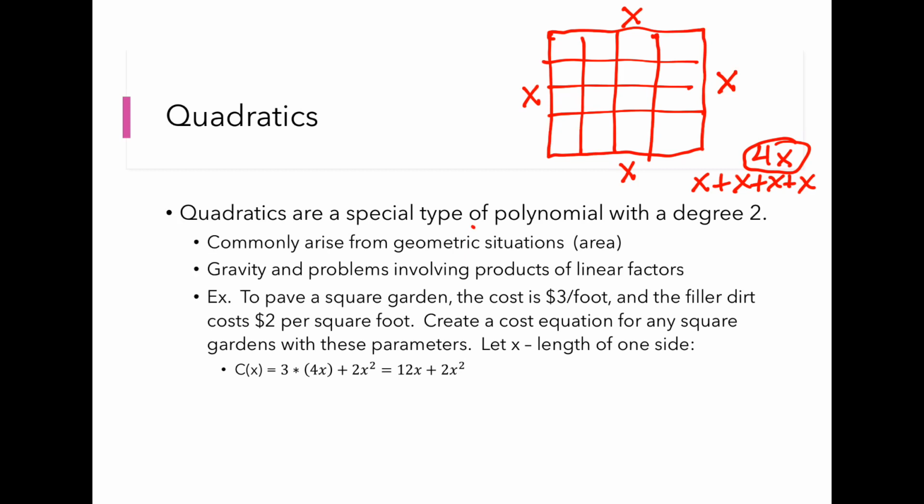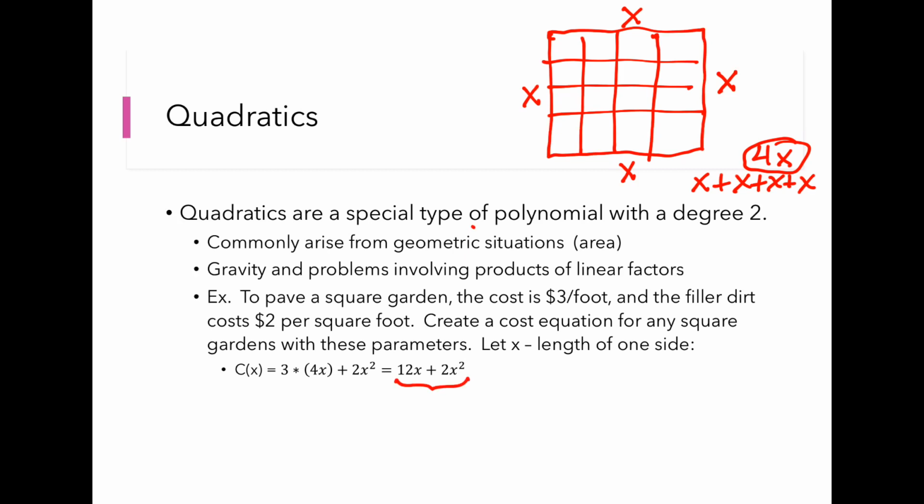So if we had 5, that would be 5 times 5, or whatever my length is multiplied by itself, or squared. Then we multiply the number of those squares by the cost per square, which is $2 per square foot. Adding those up and simplifying them down, this would be the cost equation that we would have here.